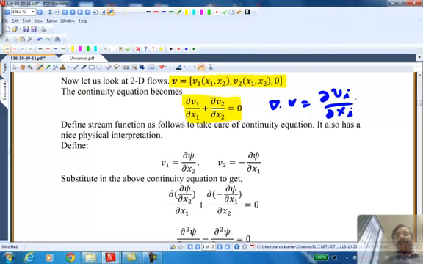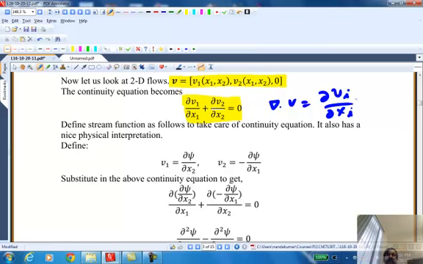When you expand it, you get dv1/dx1 plus dv2/dx2 plus dv3/dx3 equal to 0. The last term drops out by the postulate, but the first two terms have to be balanced. In fact, it's something that you used in one of the earlier assignments. This is the local continuity equation to find v2 if v1 is known, because this must be satisfied at every point in your flow domain.